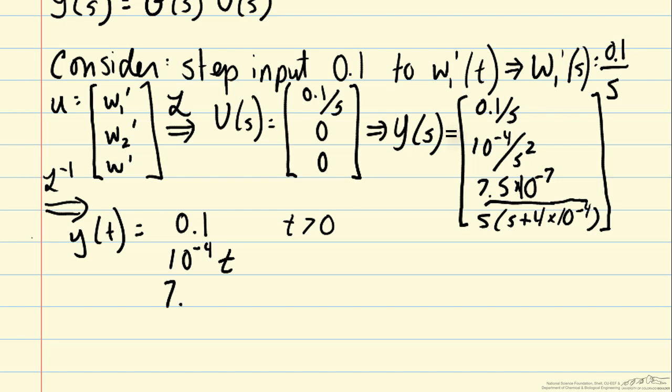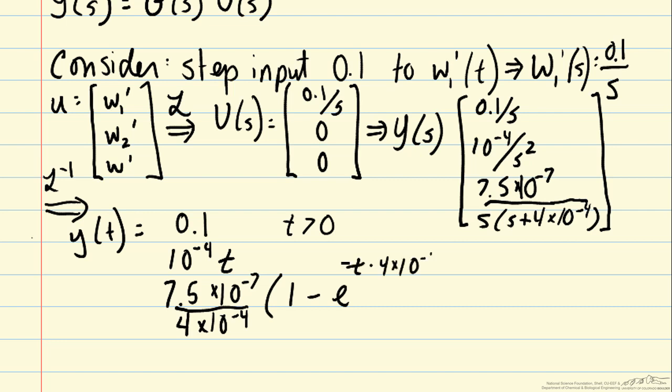And finally, we have 7.5 times 10 to the minus 7 divided by 4 times 10 to the minus 4 times 1 minus e to the minus t times 4 times 10 to the minus 4.